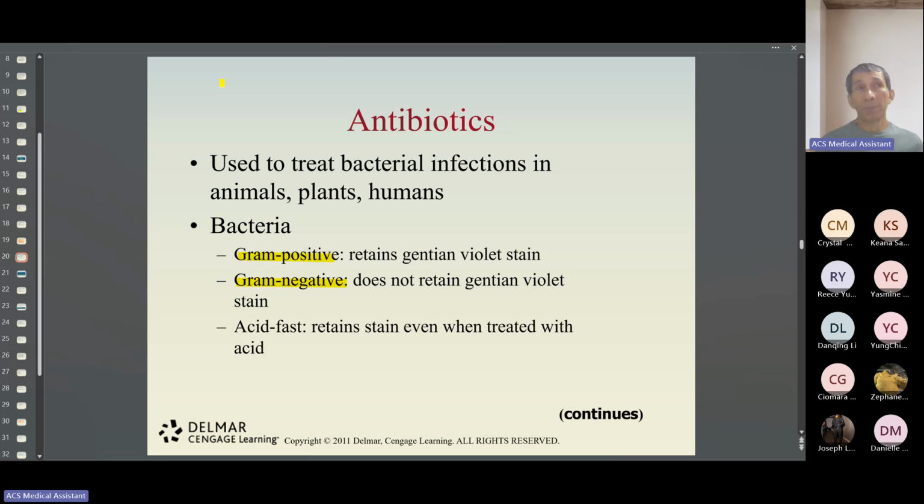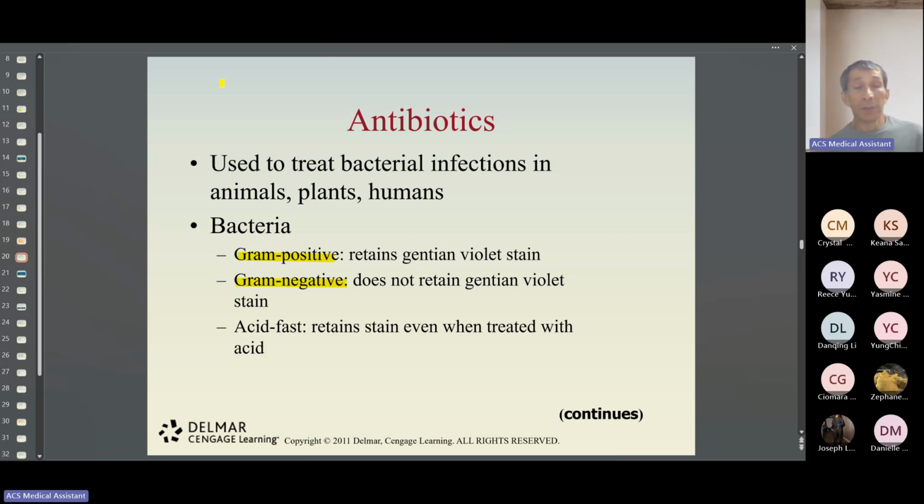Gram-positive, gram-negative is when we process a smear of blood on a glass slide, then use different chemicals to highlight the shape, the form of these bacteria, which is in that particular sample of blood.